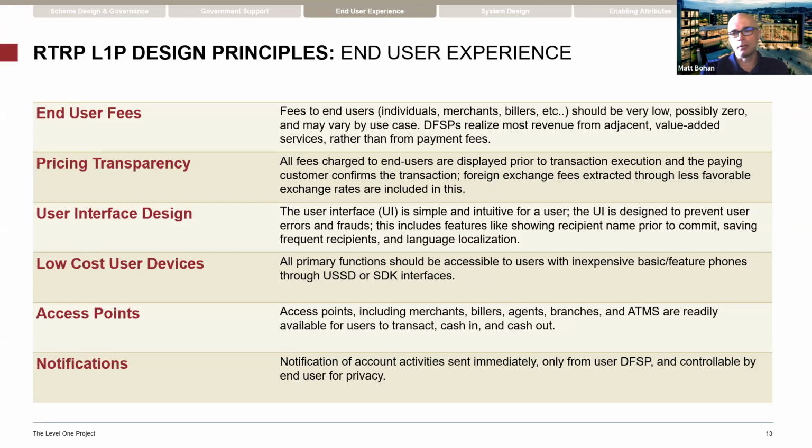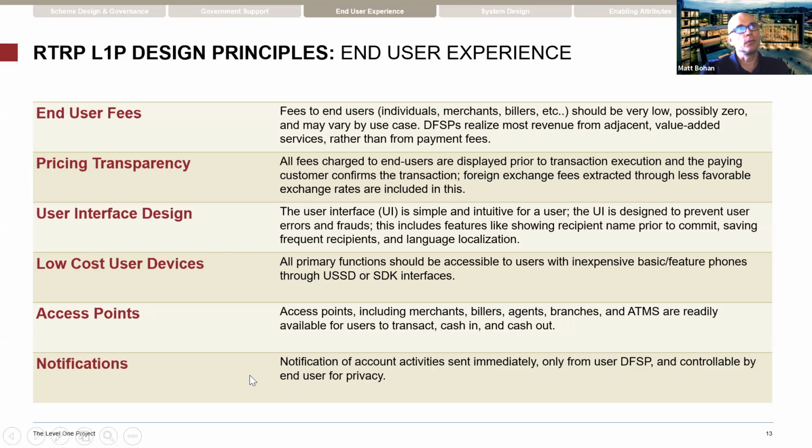Being able to save my frequent transaction partners. Language localization. These are things that help the user to not make errors and help them trust the system and be able to use it. And particularly in an irrevocable payment system, that trust is just really critical.